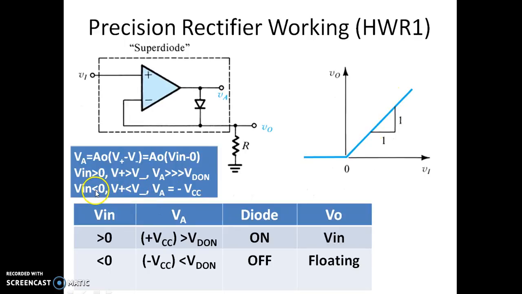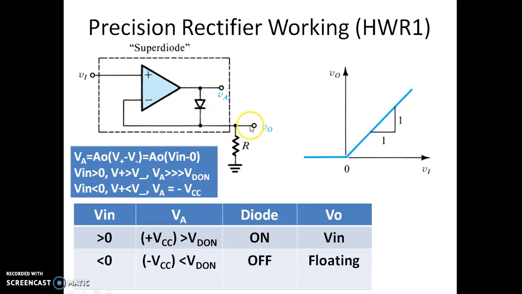Now let us see what happens when the input voltage is less than 0. Now we have the condition V plus is less than V minus, so we are supposed to get the output voltage here as minus VCC. Once you have a negative voltage, this diode turns off. So now this VA is minus VCC, which is less than VD on, and the diode turns off.